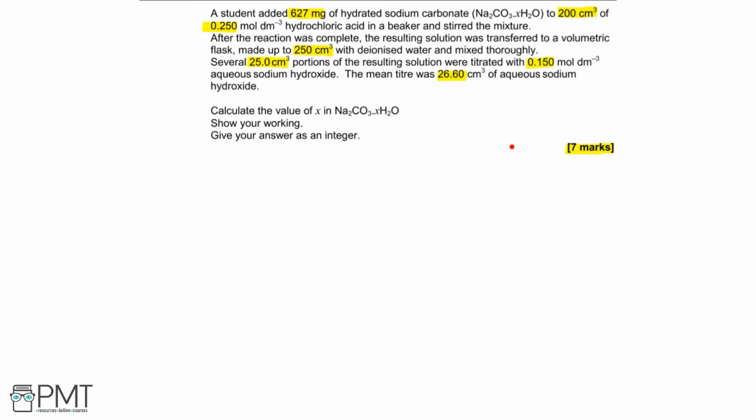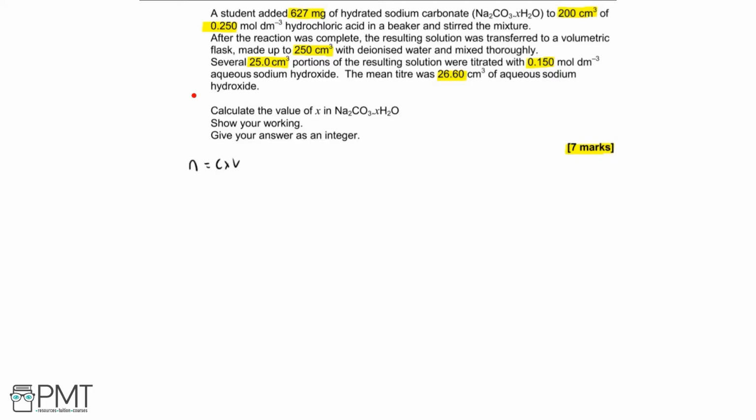So questions like these where we have lots of numbers involved, the first step is always going to be to convert any non-mole amount of substances we have to moles. So using n equals C times V, so moles is equal to concentration times volume, in order to actually calculate the moles.